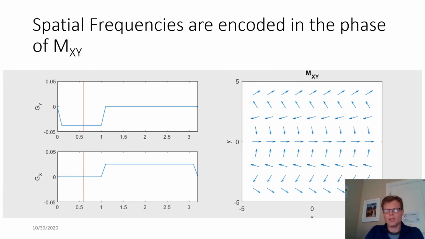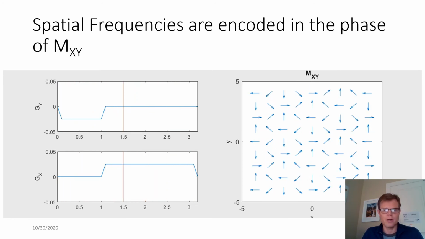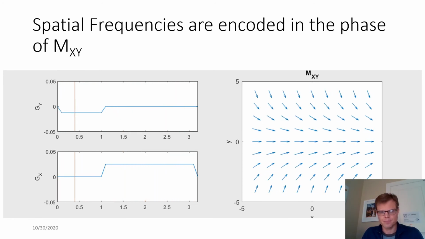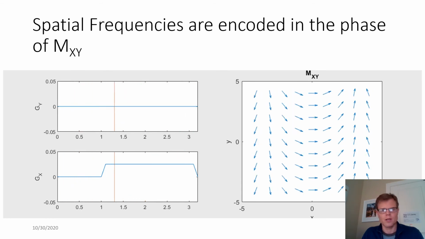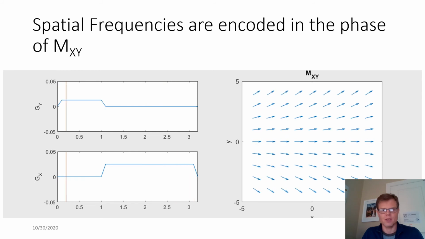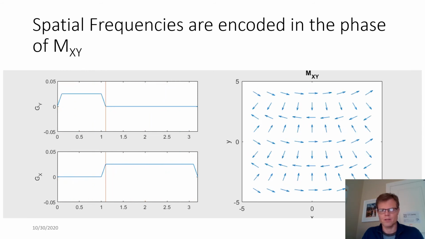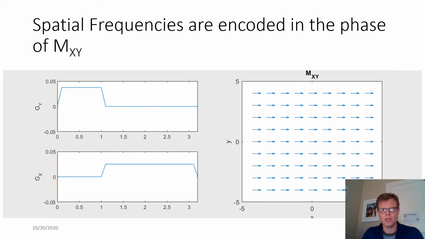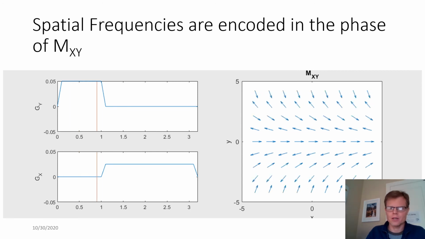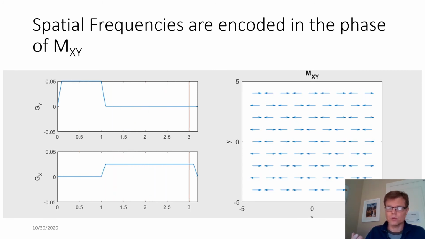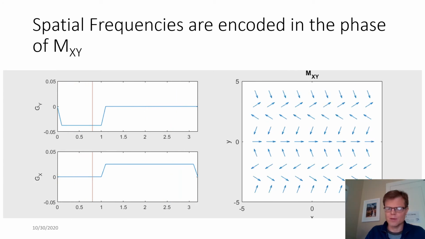Okay, so I want to show these examples here, these movies. This was the illustration I showed before. Remember that our gradients are creating this rotation of the transverse magnetization. And basically the pattern of the phases that we have over here corresponds to our location in K-space. It's a little hard to see when we look at the individual net magnetizations.